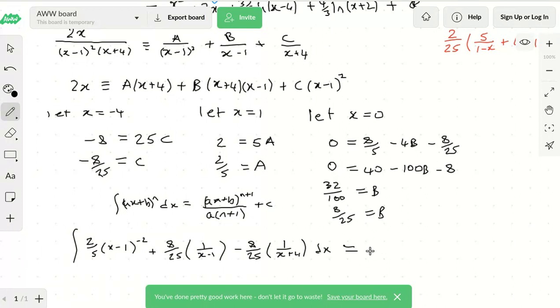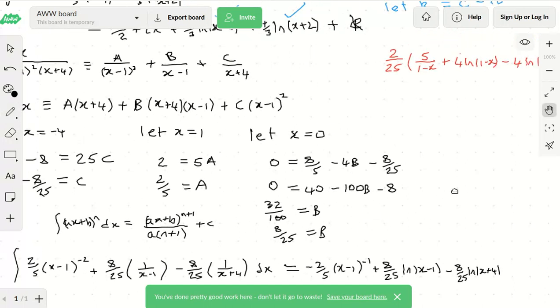It's going to be minus 2/5 x minus 1 to the minus 1, according to that formula there, and then plus 8 25ths ln x minus 1, minus 8 25ths ln x plus 4, plus a constant c.